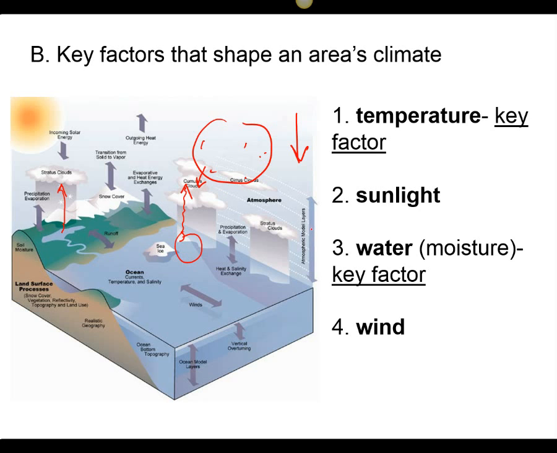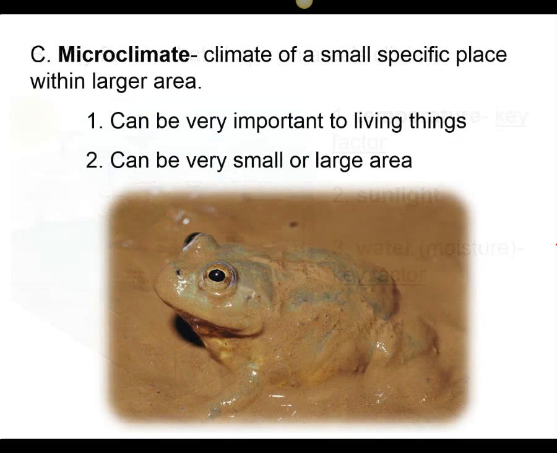And those droplets of water are clinging to particles in the sky, and that's what clouds are. And when the clouds get too heavy, because they can't cling on to that water moisture, then they'll drop as either snow, rain, sleet, things like that. And so an area's climate is a factor of all of these different types of things. A microclimate is a climate of a small specific place within a larger area.